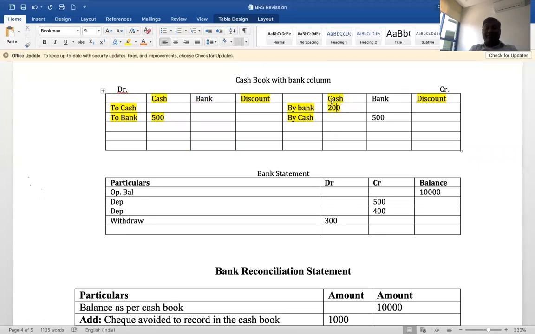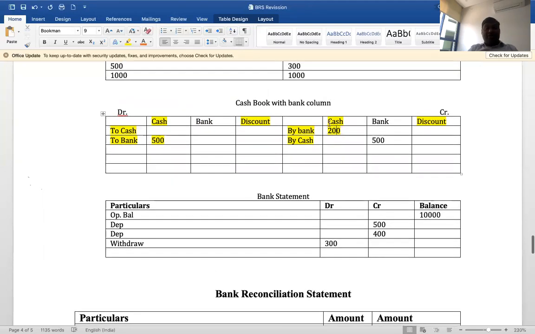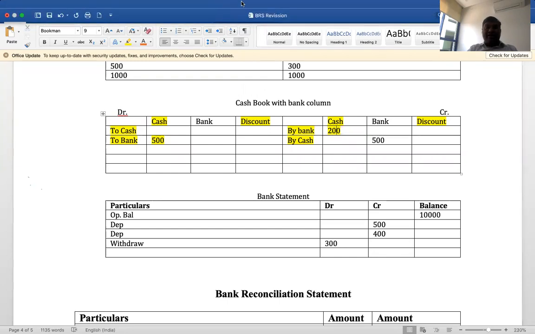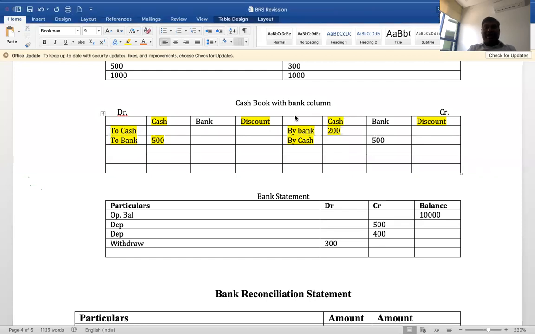Sir, it is written in the cash column, but he recorded the wrong balance. It's a contra entry. This contra entry is only partly written. Whether it is written here or not is immaterial for us.